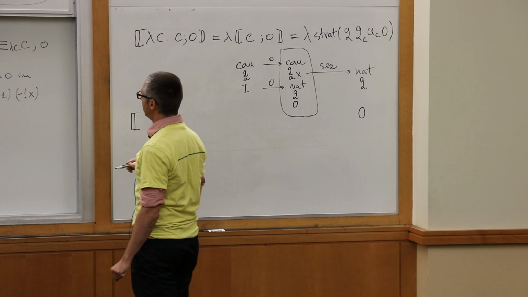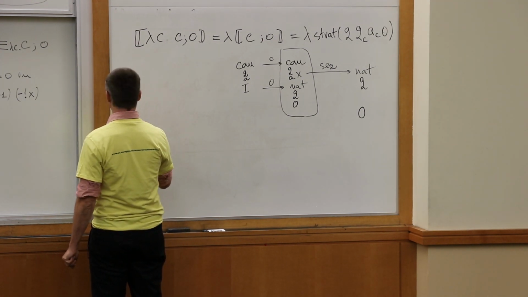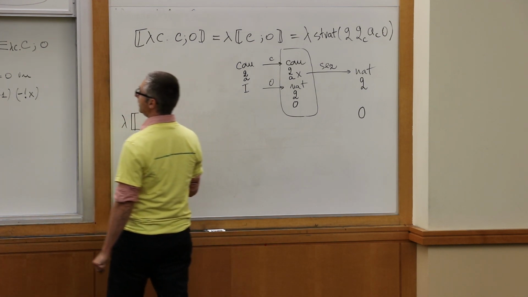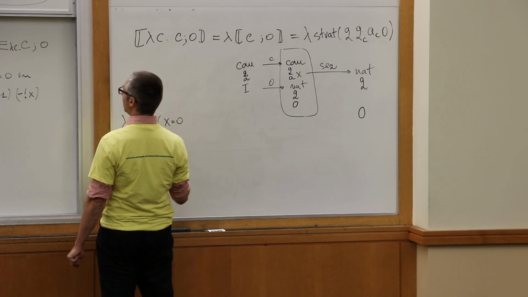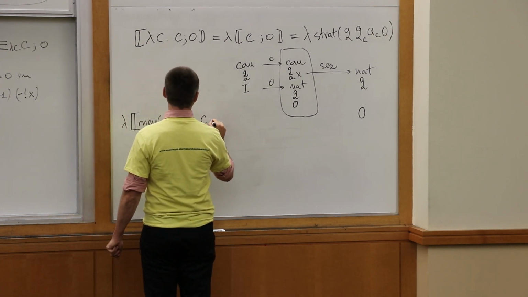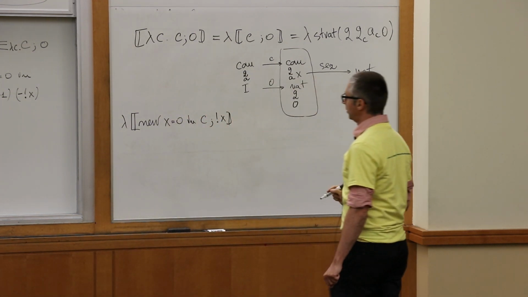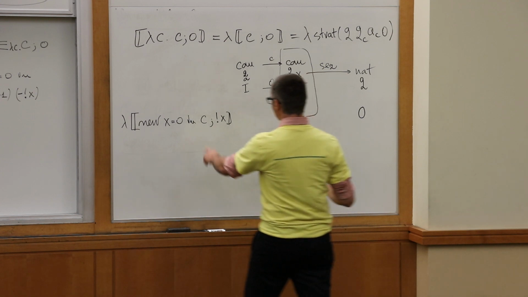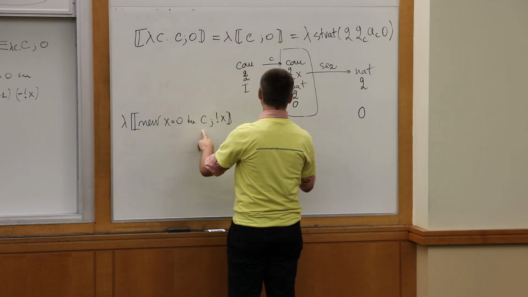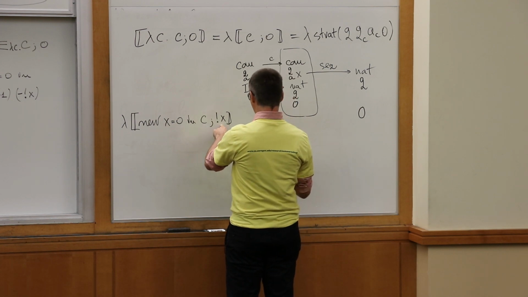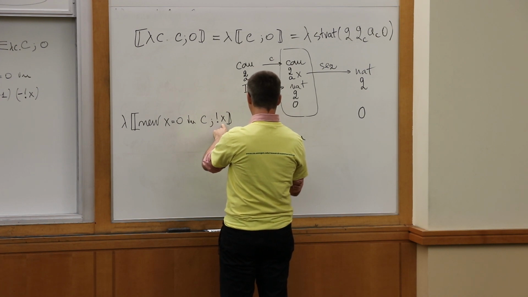The second one is a bit more intricate. So it's going to be the transposition of new x initialized to 0 in C composed with the value of x. So what do we have? We have C, that is command to command. We have x, the dereferencing operation.